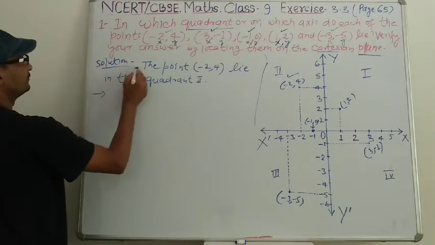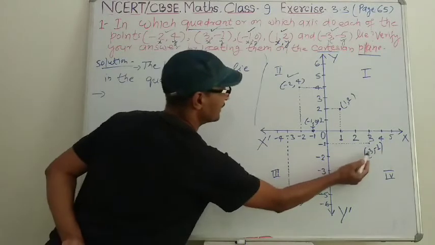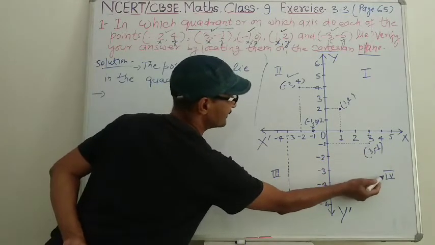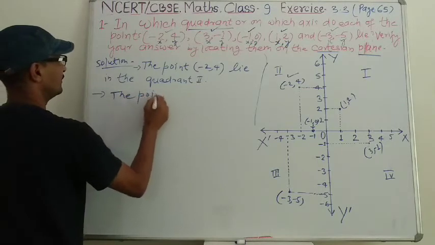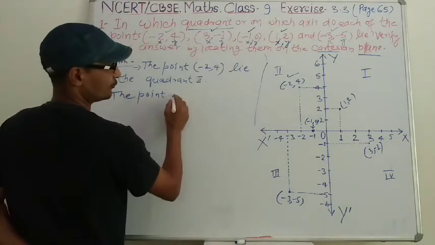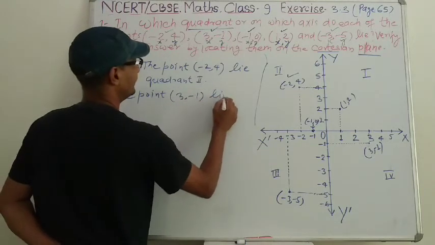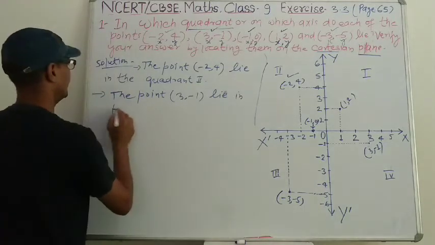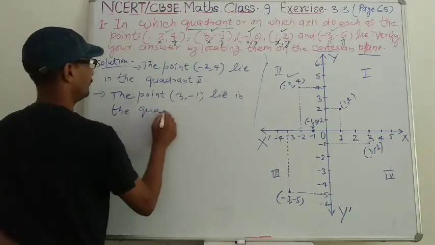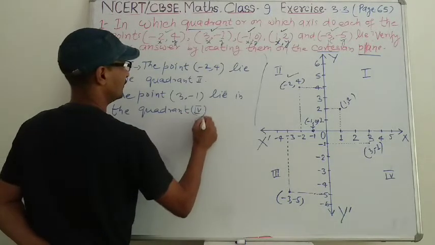Now next, 3, minus 1, check. 3 and minus 1 are plotted here. It is in the fourth quadrant. The point 3, minus 1 lies in quadrant 4, or the fourth quadrant.